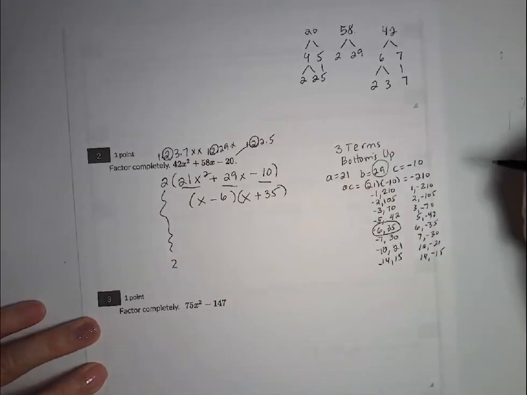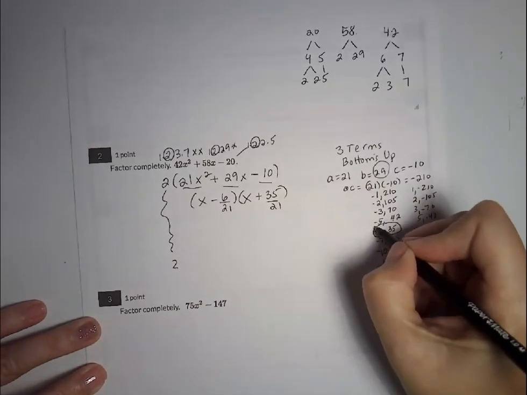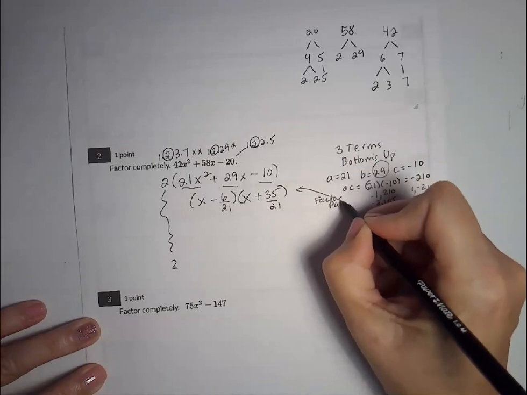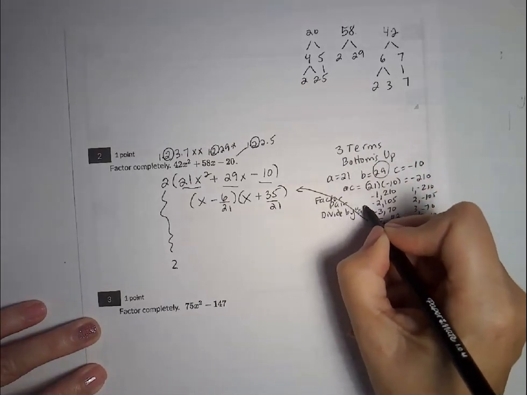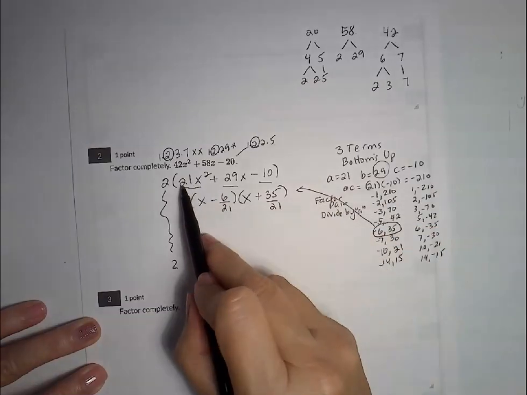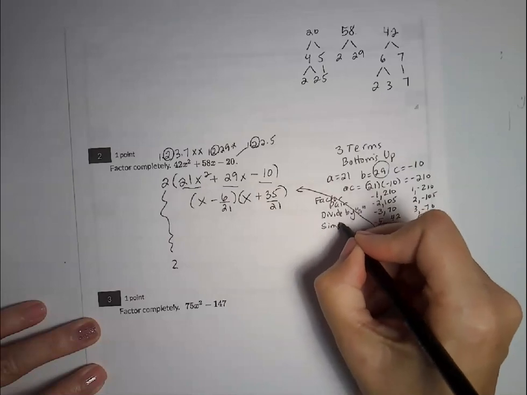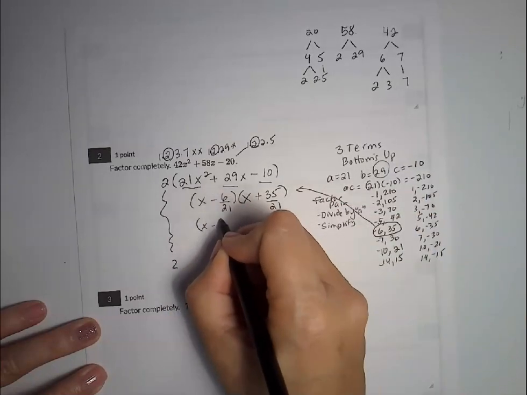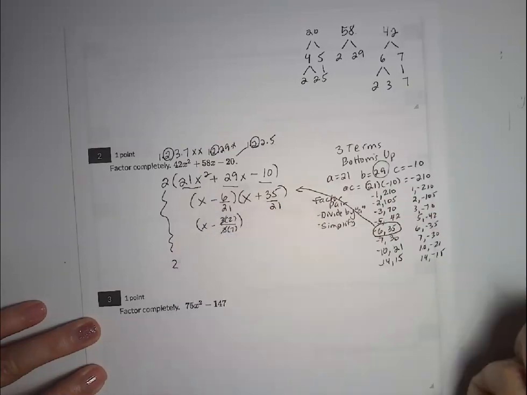You're not done though. You have to divide by a. Okay, so this is your factor pair. And now you're going to divide by a. And a was 21. Remember, we're doing inside the parentheses here. And then you want to simplify the fraction. So this would be 3 times 2 and 3 times 7. So 2 sevenths.